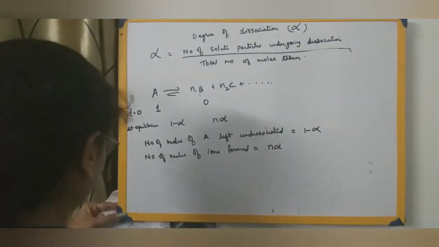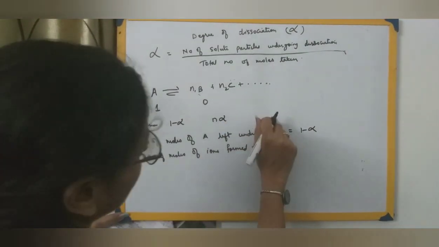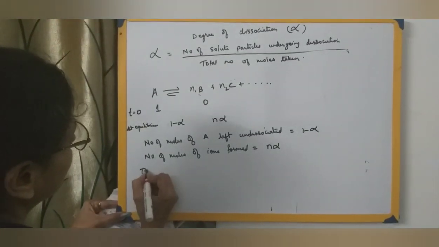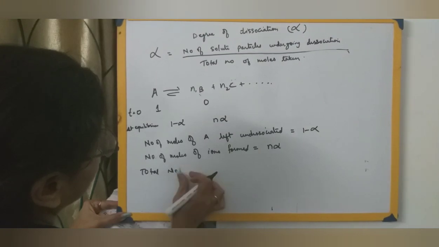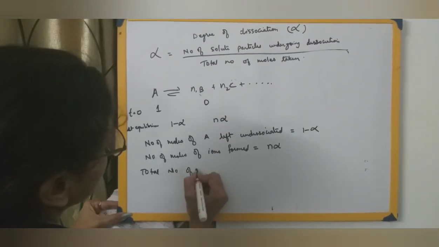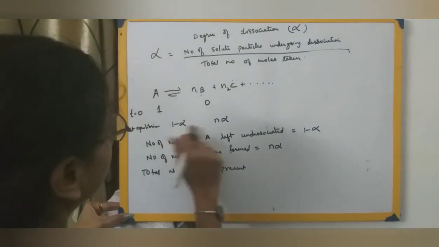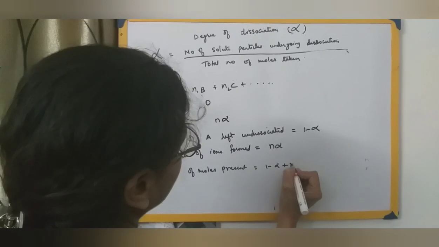Now the total number of moles present in the solution after this process takes place, we find by adding it up. That is 1 minus alpha plus n alpha.